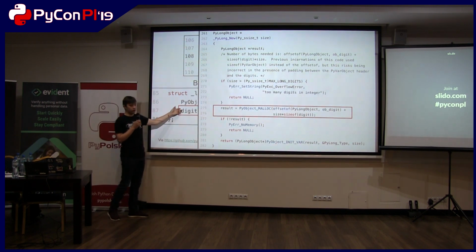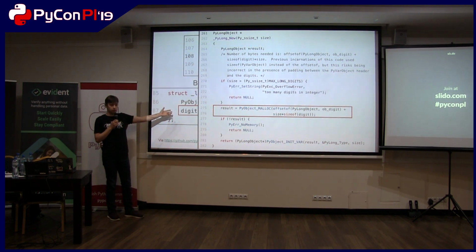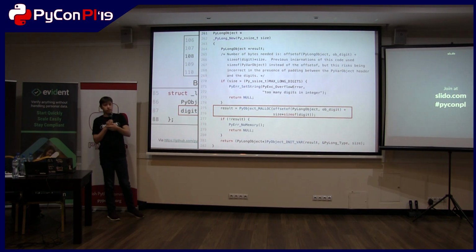So this is an array. It's supposed to have one element, but we are actually allocating more. This is an ugly hack in C, because C doesn't have bounds checking whenever you are accessing array elements. So you will be able to access, for example, the element of index 5, even though you might have only 3 elements.